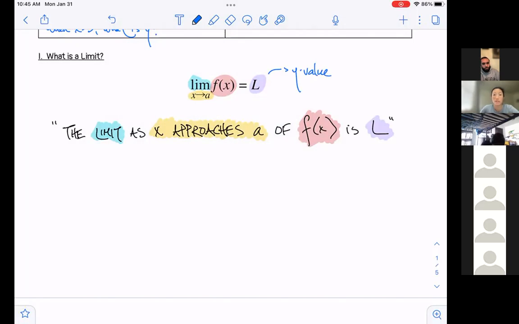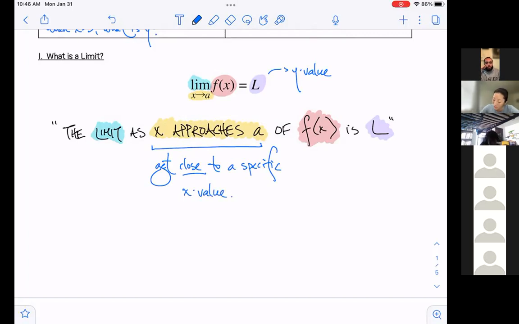All right. So earlier we were like f of 3, f of -3, f of 0. We were looking for y values. We're still going to be looking for y values. Okay. So at the end of the day, we're still looking for y values. The thing that makes this different is we're looking for y values as we get close to a specific x value.